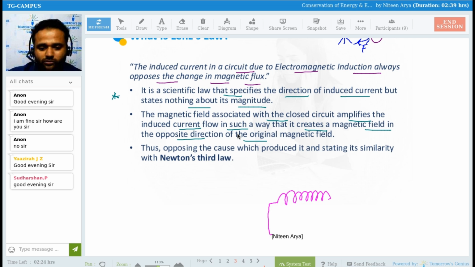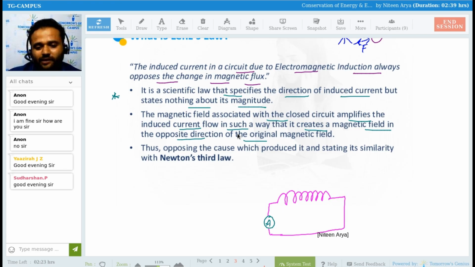Obviously, whenever there is a coil, or in any particular coil, I apply here. Suppose there is a closed circuit. In this closed circuit, the current is going to be generated.